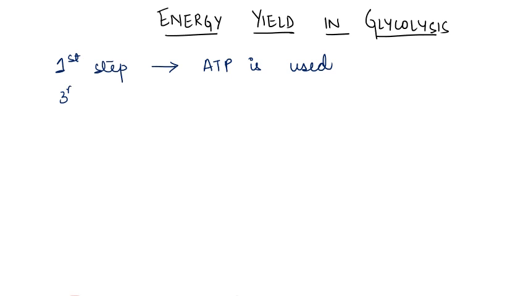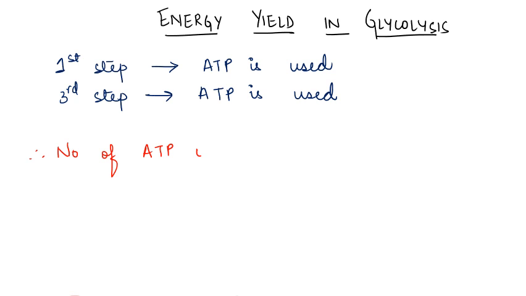Again in the third step ATP is used. So the number of ATP used is equal to 2. You can see 2 molecules of ATP are being used, right?